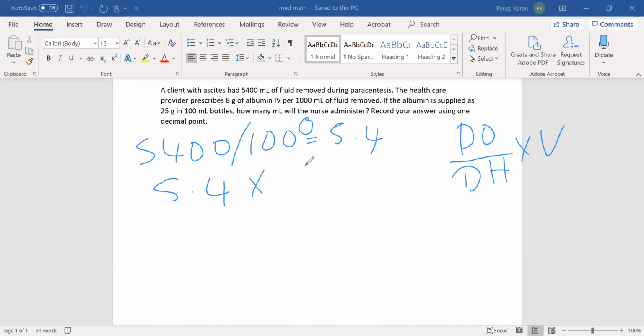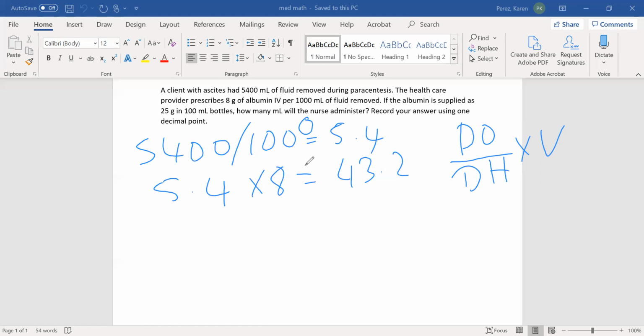Then we're going to multiply by 8. So why multiply by 8? Because it says for every 1,000, and there are 5.4 thousands in 5,400. So you multiply it by 8, which will give us 43.2.